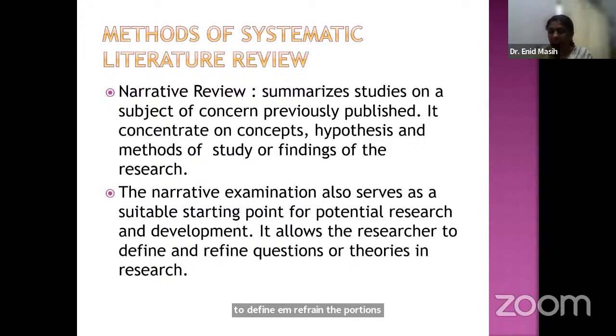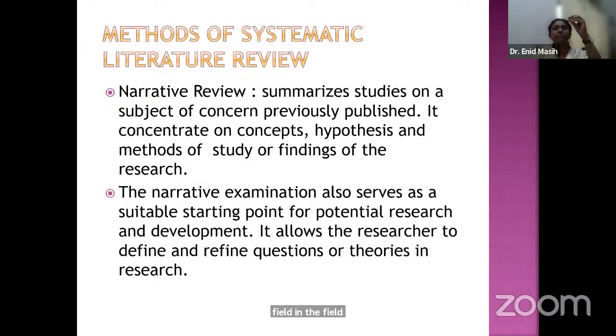So basically, the most significant element of a narrative literature review is the completion and synthesis of the existing literature and the full report on the recent expertise in the field under study.